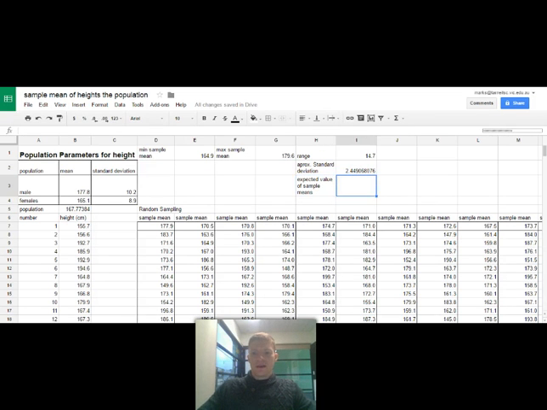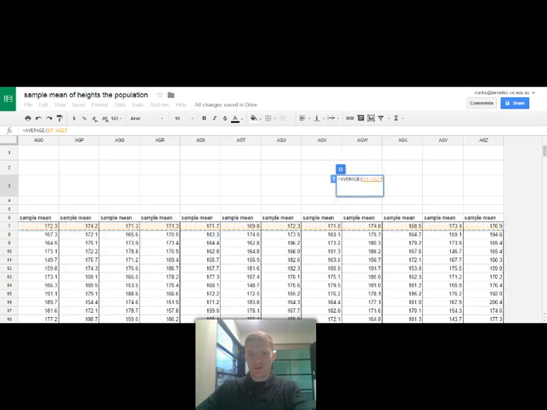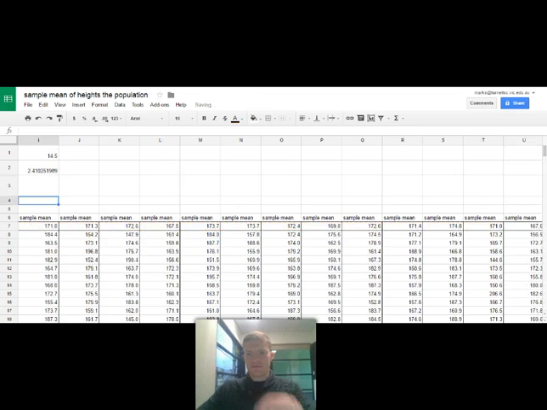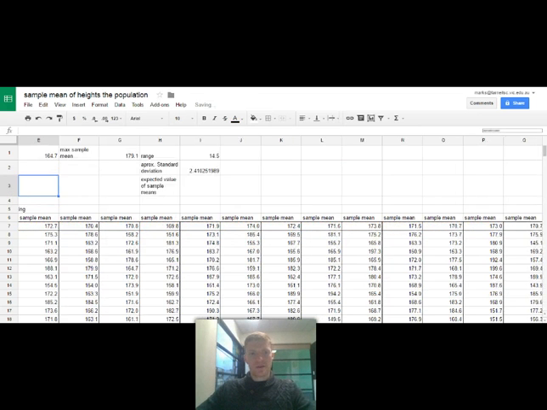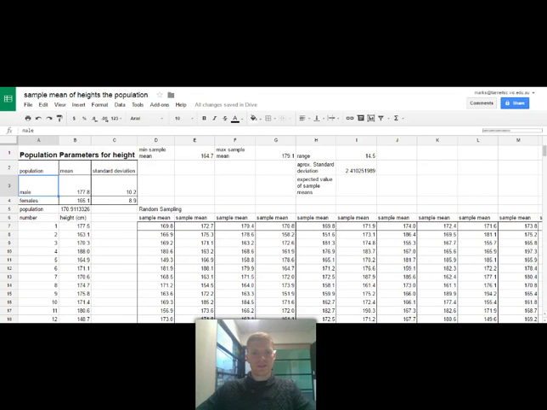Now, essentially what we need is just, again, an average function. And this time we're taking the average of all the sample means. So select the first cell, Control Shift across. There it is. So now, what do you think that might be?